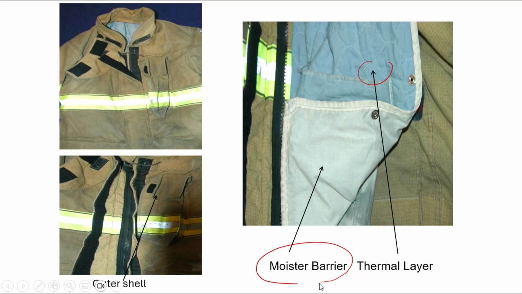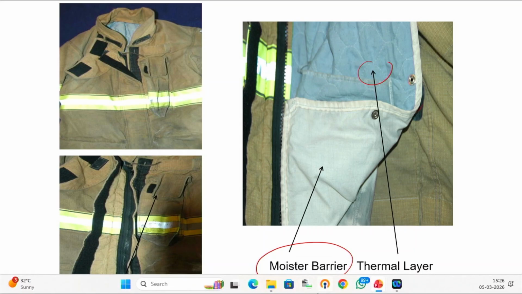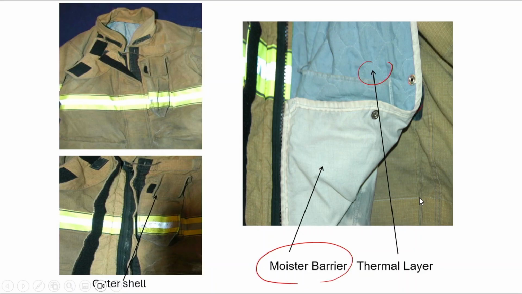That is basically used to prevent any outside fluid from penetrating through the fabric to the body, and at the same time body moisture should get out through this moisture barrier layer. So, that is the function.